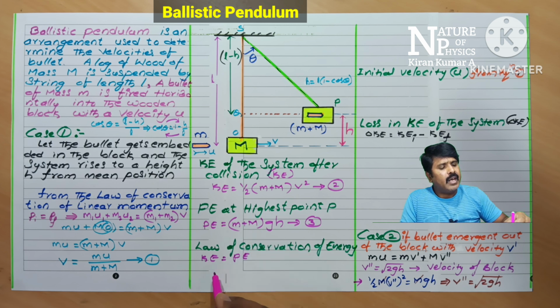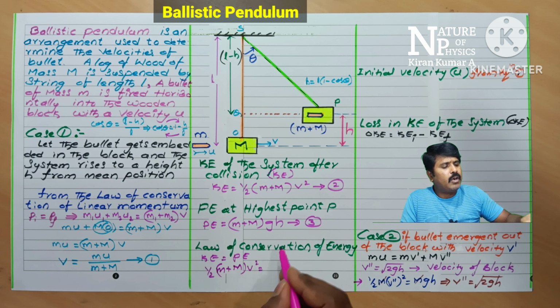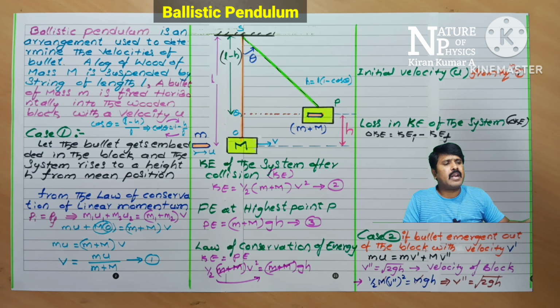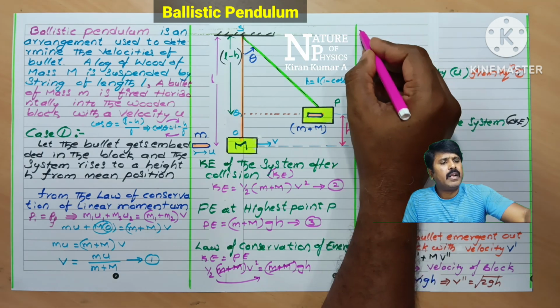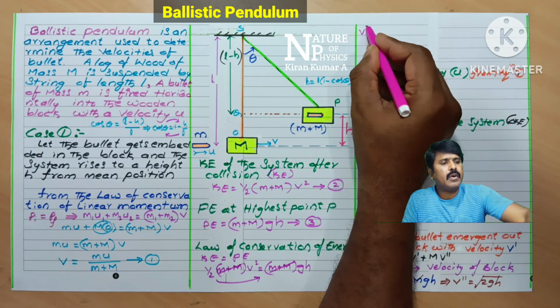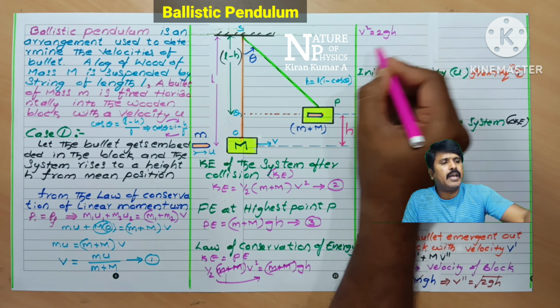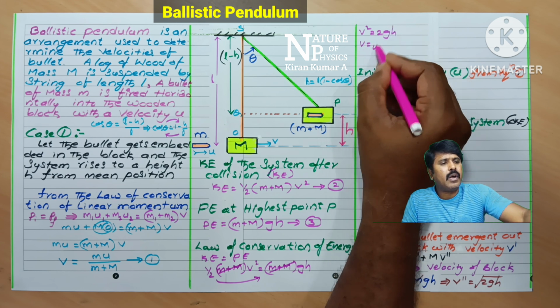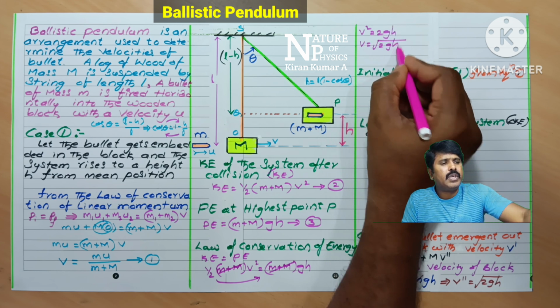So half (m plus M) v square is equal to (m plus M) gh. The mass cancels, and with cross multiplication we get v square is equal to 2gh. So v is equal to root over 2gh.